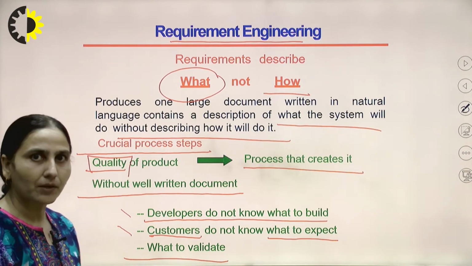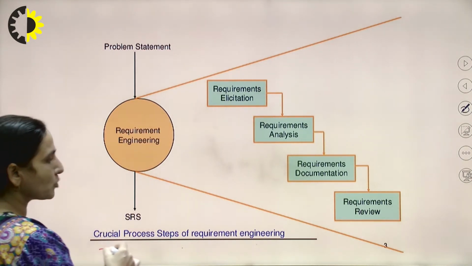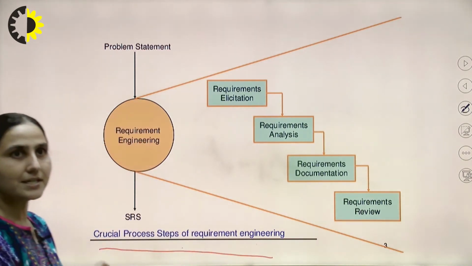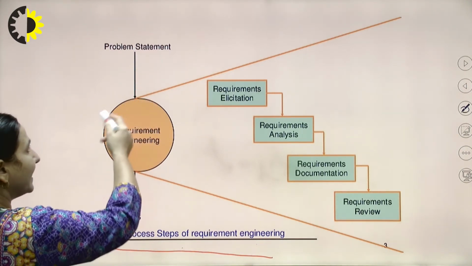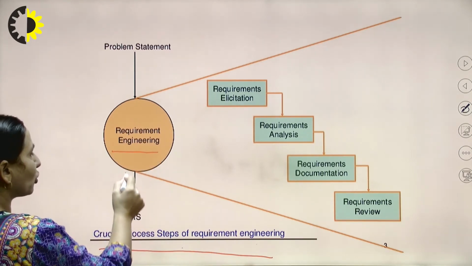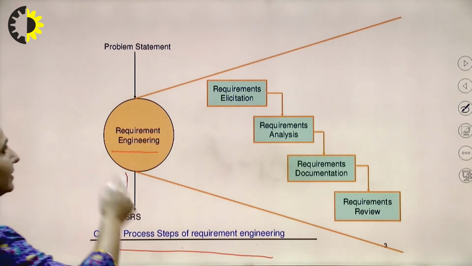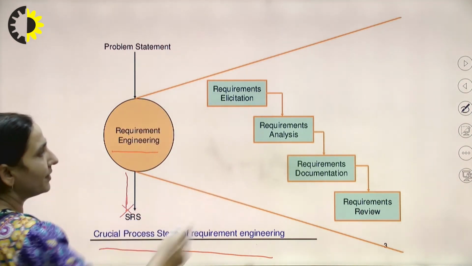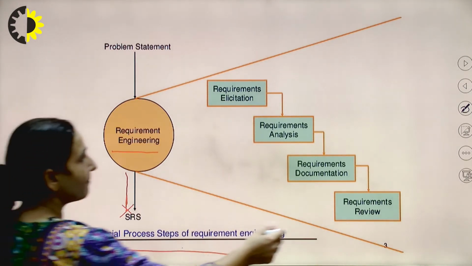As you can see, these are the crucial process steps of requirement engineering. Initially, we have the problem statement. Then we apply the process of requirement engineering, and we get the document which we generally call the software requirement specification. In this, we have different processes: first is requirement elicitation, then requirement analysis, requirement documentation, and lastly the review part.